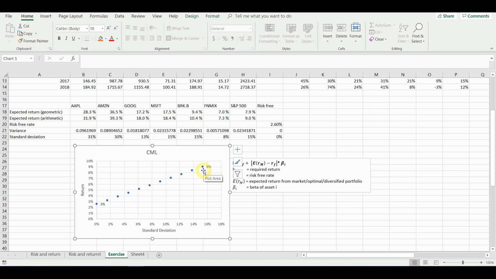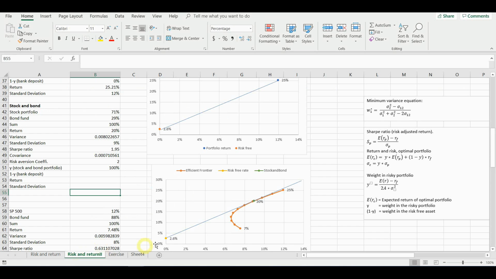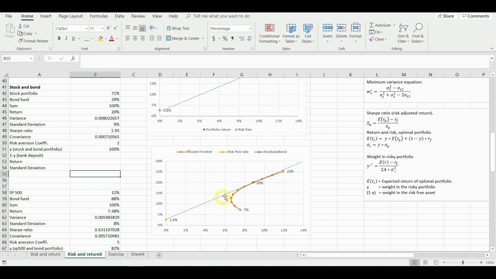The difference between the capital market line and the capital allocation line that we have made earlier. In capital allocation line, it shows combinations between the risk-free asset with a risky portfolio. In our example, the risky portfolio was the stock portfolio and a bond fund.